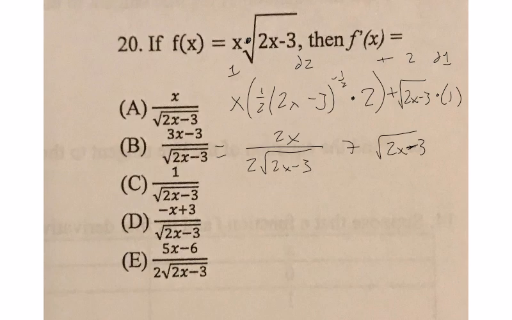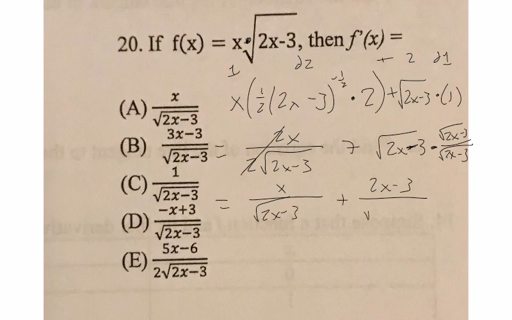Let me multiply this term right here by root 2x minus 3 all over 2x, root 2x minus 3. What that's going to do is it's going to give me the following. Also, let me cancel those 2's. I've got x over root 2x minus 3 plus those square roots cancel, so I'll just have 2x minus 3 all over root 2x minus 3.